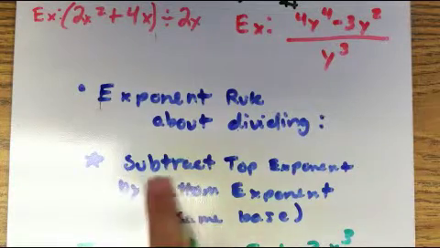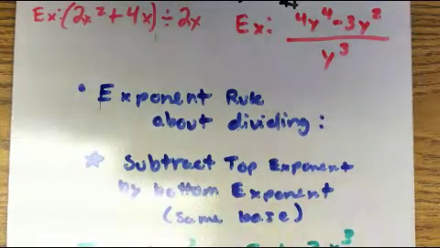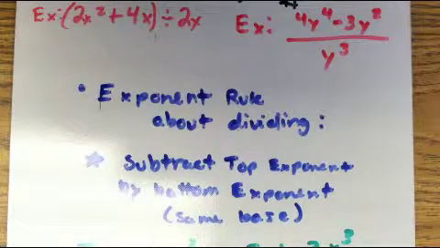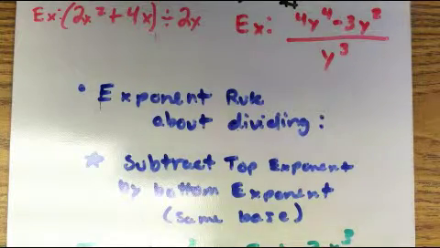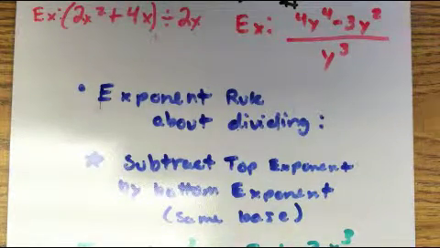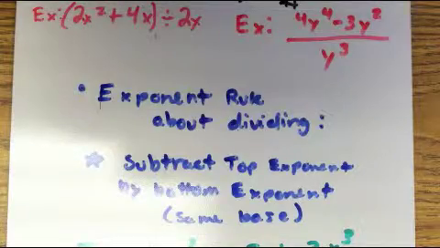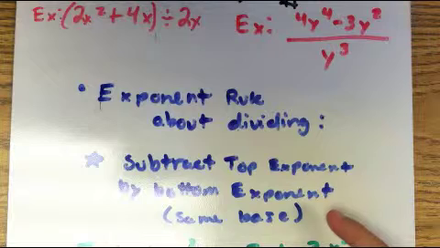You're going to subtract the top exponent by the bottom exponent. Can that be like x squared divided by y squared? No. The important thing here is it has to be the same base. So they both would have to be x's. That's the rule that we're going to be using today. Keep that in mind.